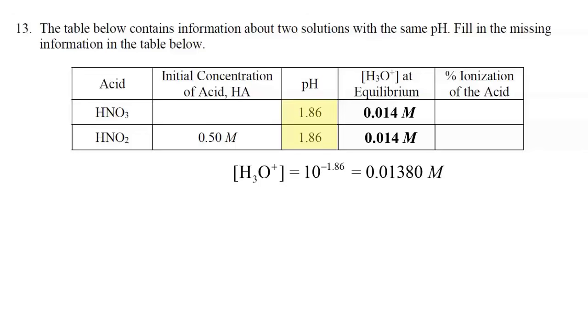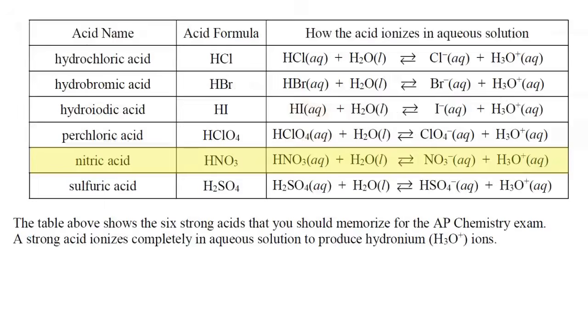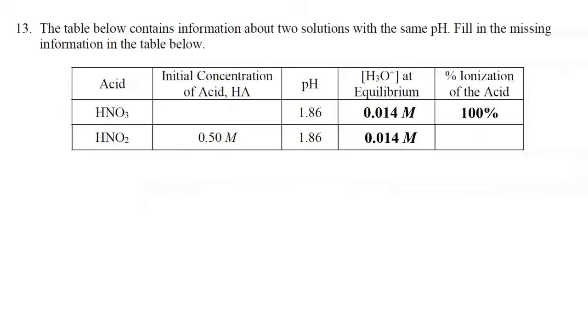Now, for the percent ionization of the acid, we already know that nitric acid is on your list of 6 strong acids to memorize for the AP Chemistry exam. So by definition, nitric acid is 100% ionized. Therefore, the initial concentration of the acid is 0.014 moles per liter.